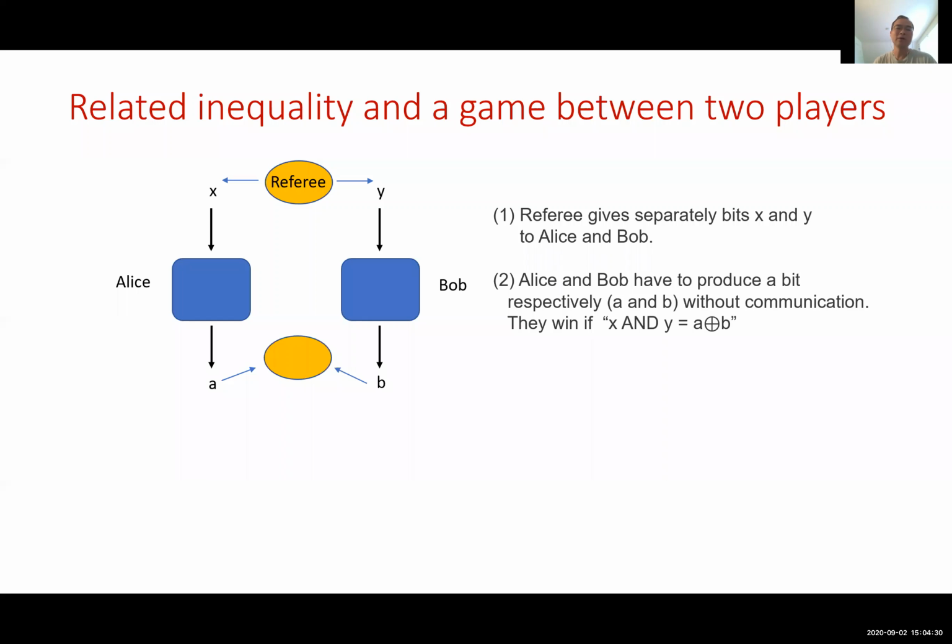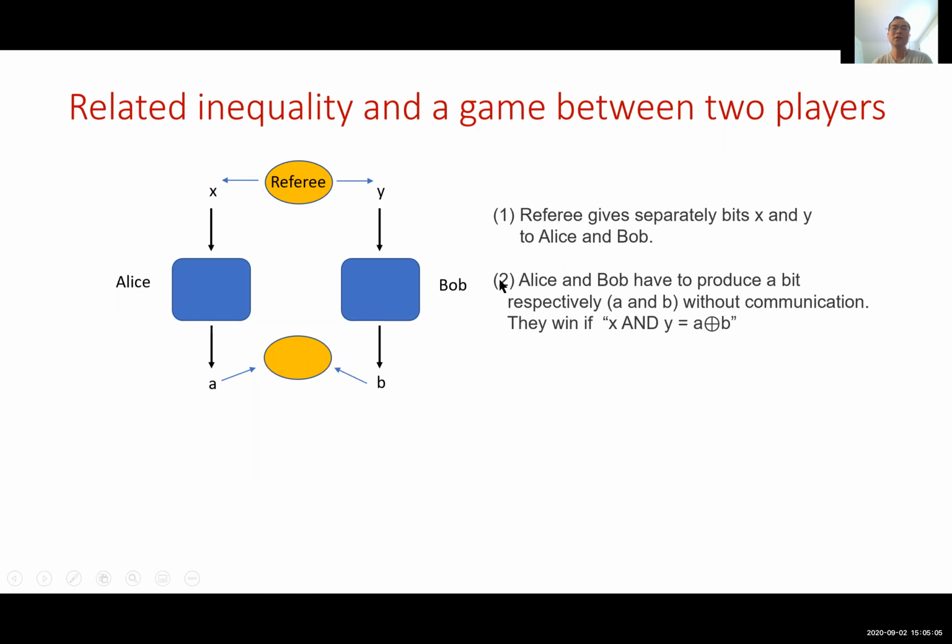Then I want to talk about a related inequality and how the inequality is related to a game. I should say it's the inequality and the related imaginative game between two players and a referee. So let me describe this game setting. There is a referee who gives a one bit variable, x and y, x to Alice, y to Bob.